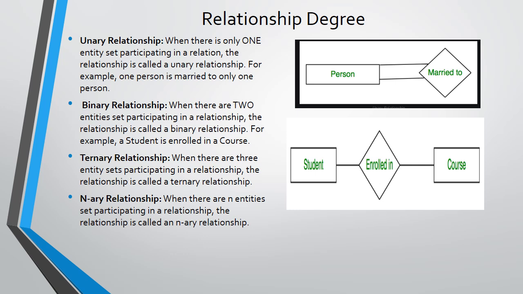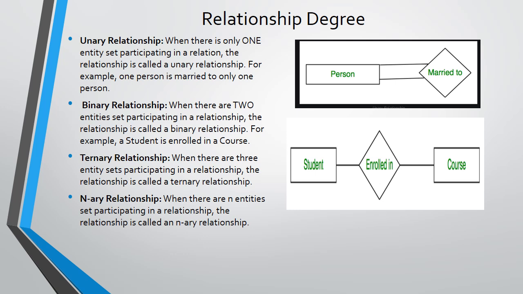The ternary relationship is the simultaneous relationship between the instances of three entity types with unique attributes. When there are n entity sets participating in the relations, the relationship is called an n-ary relationship.